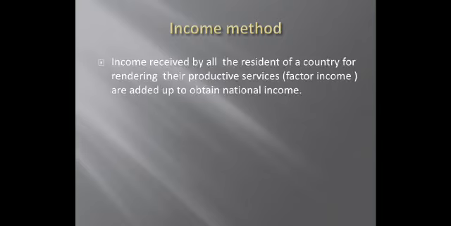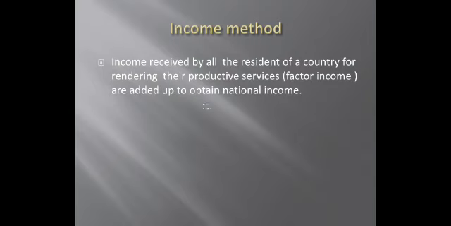Now students, let us discuss our second topic, that is income method. First we will take the definition. Income received by all the residents of a country for rendering their productive services, that is factor income, is added up to obtain national income.